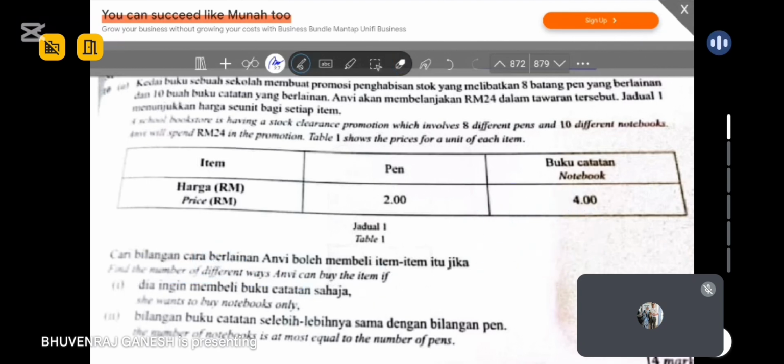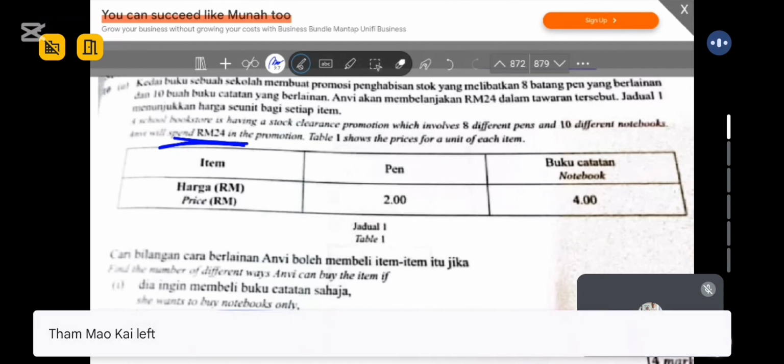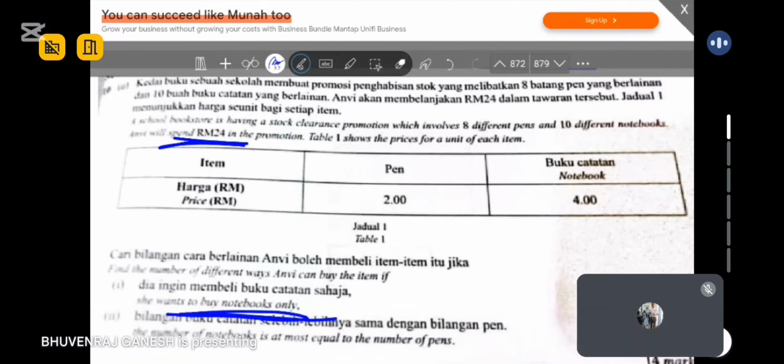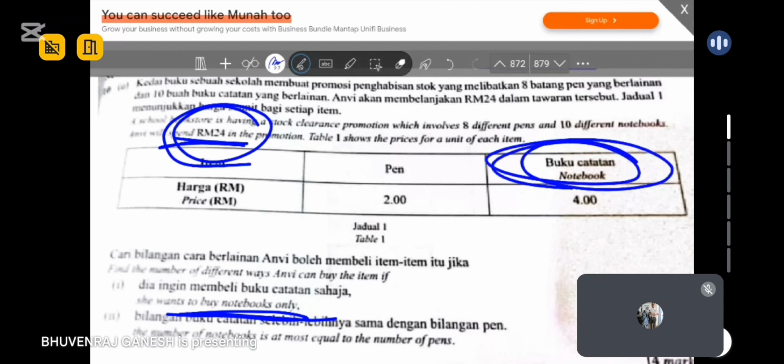Okay, so first question. They say she want to buy notebook only. Dia nak bayar buku catatan sahaja. So they tell you it's RM24, guys. Okay, so may I know, notebook only means how many notebook over here, guys? Berapa buku catatan sekarang? She want to spend RM24 and now she only buy notebook. Dia hanya beli buku catatan.